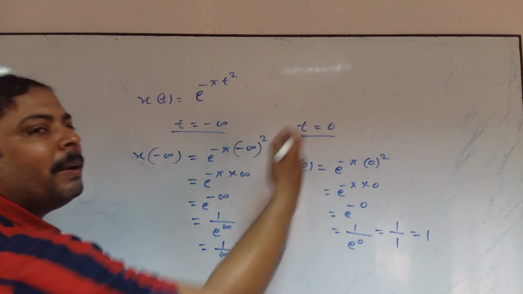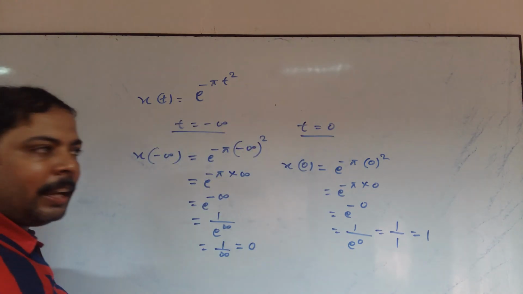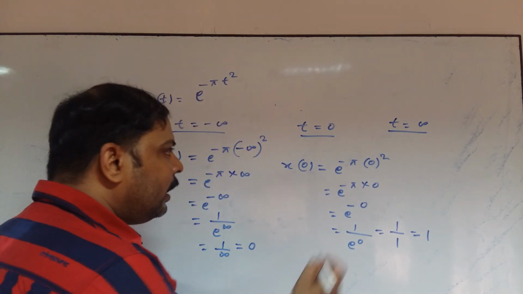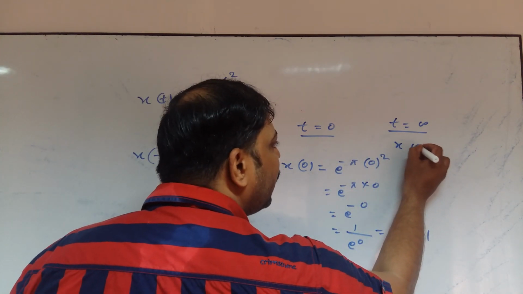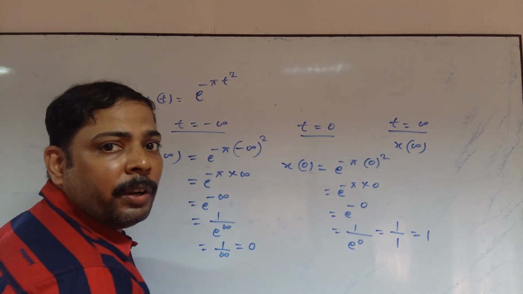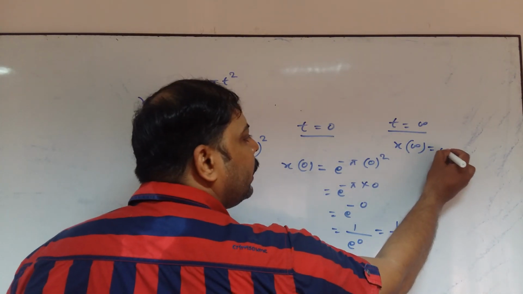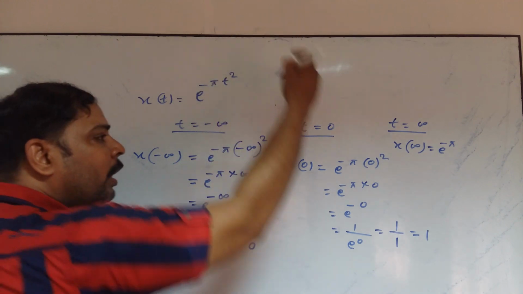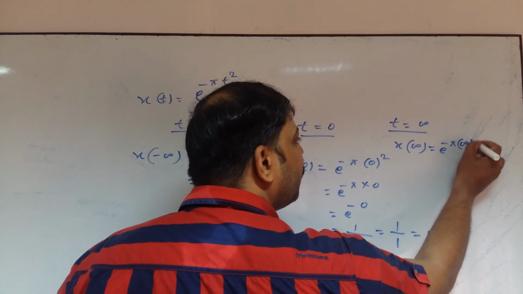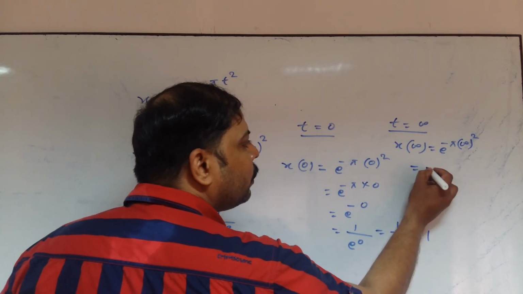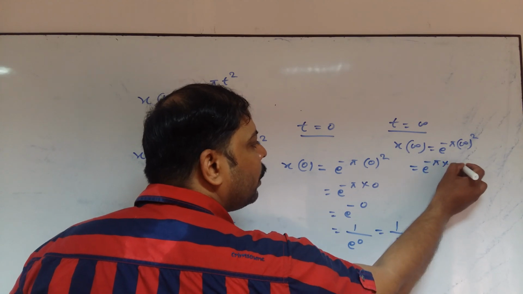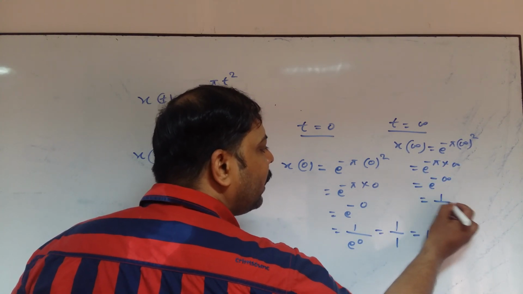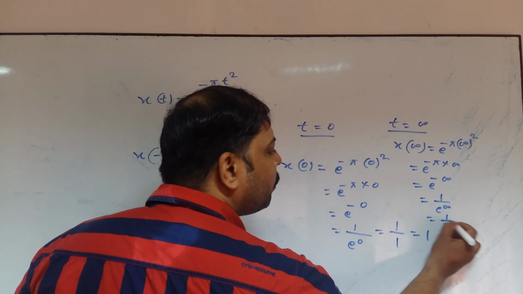Now let us see what happens at t is equal to plus infinity. At t is equal to plus infinity, what will you find? X of infinity is equal to e to the minus pi t square. T square means infinity square, in place of t you are using infinity. That is e to the minus pi into infinity, that is e to the minus infinity, that is 1 by e to the power infinity, that is 1 by infinity.